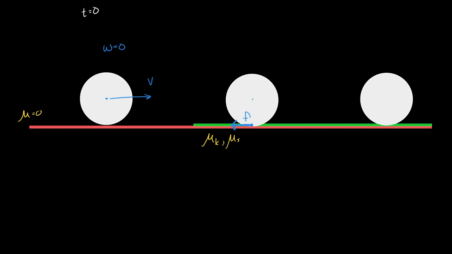Therefore, during this time, the net force equals ma. And this acceleration is slowing the velocity. So v is decreasing. Everybody understand that? Because I have an unbalanced force to the left.